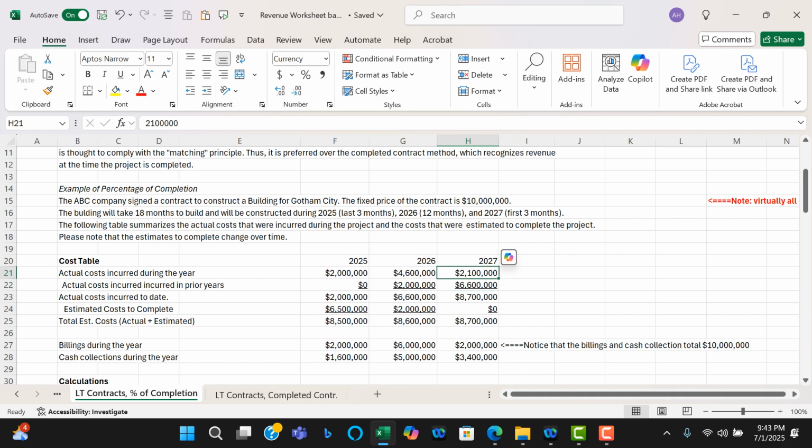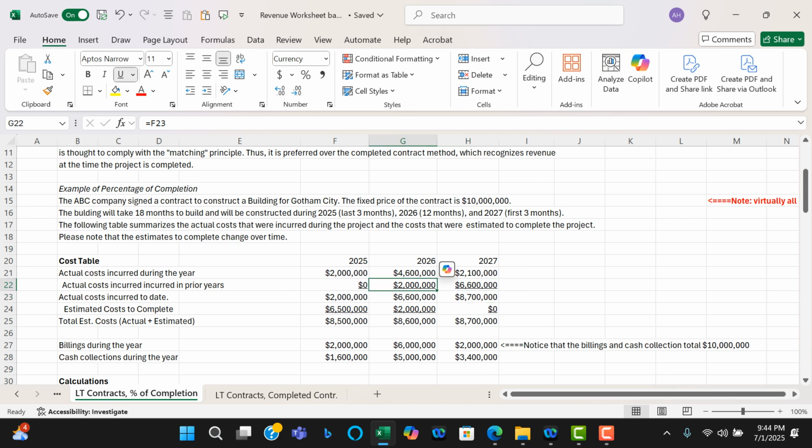They had incurred 2.1 million in 2027. In the previous 2 years, they had incurred 6,600,000. So the total costs to date at the end of the project are 8,700,000, and that means they actually made a gross profit of 1,300,000, which we'll look at at the end. But it's basically 10 million less total cost of 8,700,000.